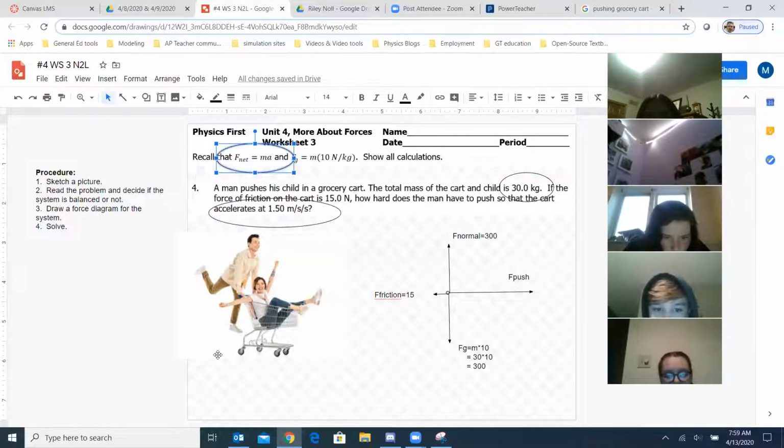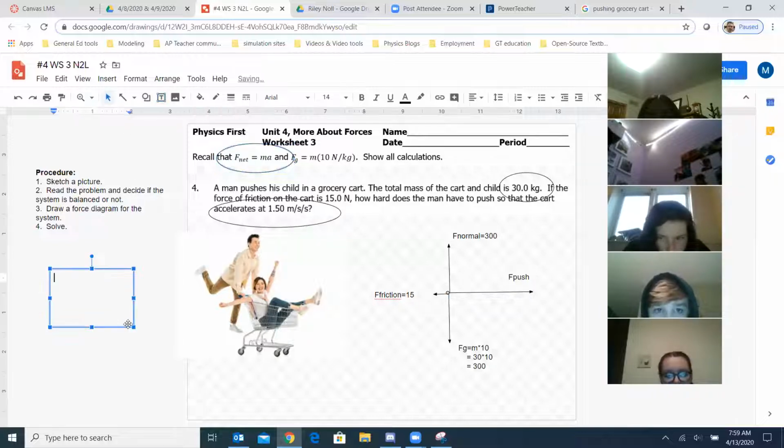That's what we found from that last lab we did. So I'm going to write an equation over here on the left, and it's going to be F net equals m times a. Again, the m is 30, so it's going to be 30 times the acceleration of 1.5. And then I get out my calculator and I figure out what that is. Let's see, 30 times 1.5, 45, I believe.